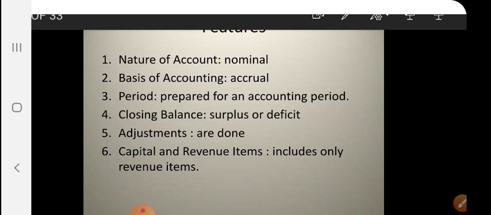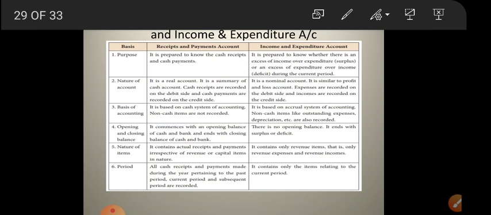It is not like the receipt and payment account where we included all the income and expenditure irrespective of its nature, both capital and revenue. Here we only include the items which are of revenue nature. I will take an example. Suppose goods are sold, this is revenue income.